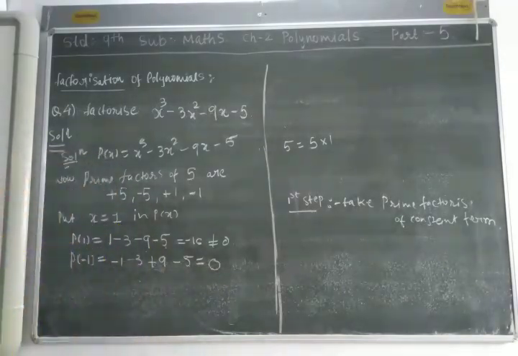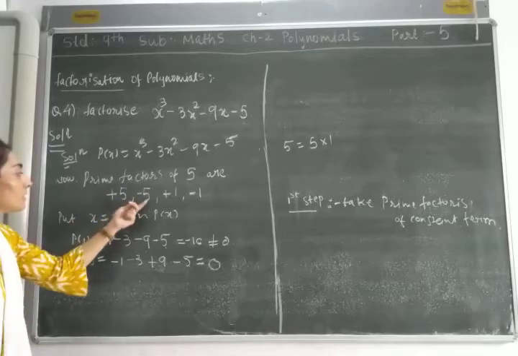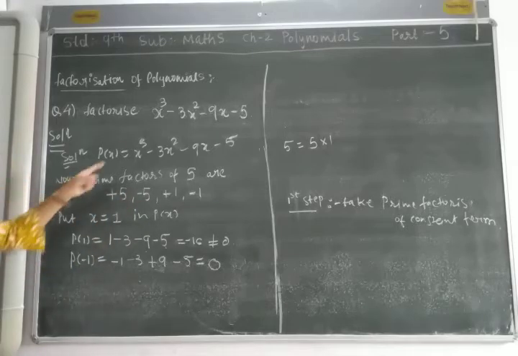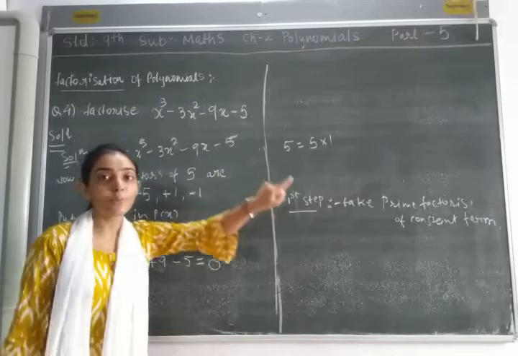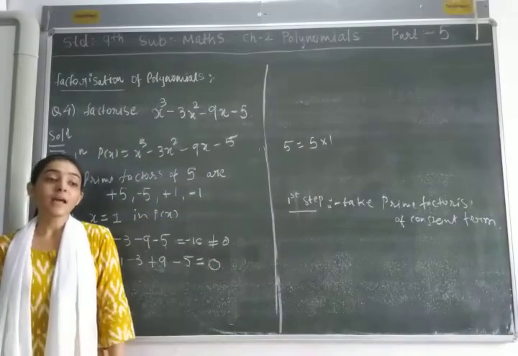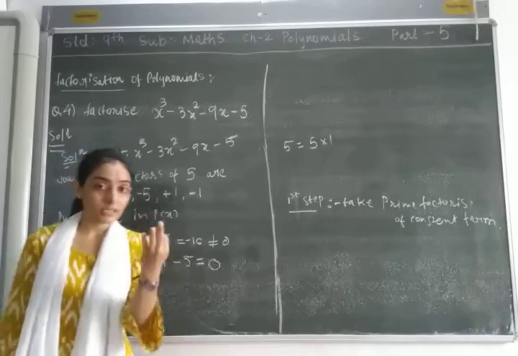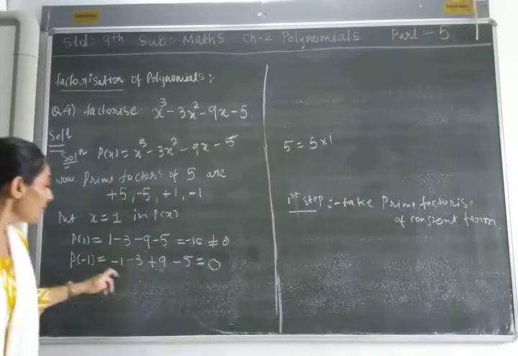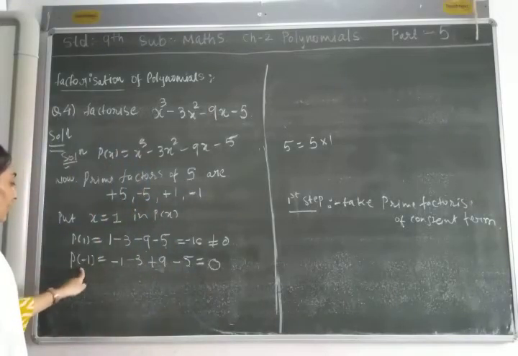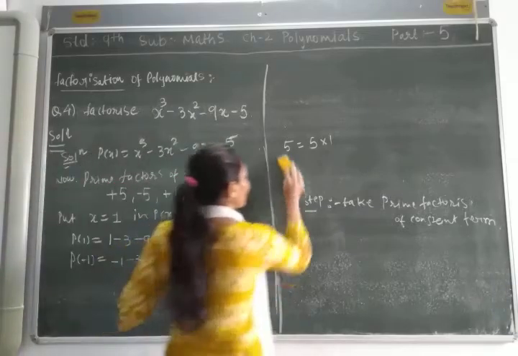Now we are not checking for the other 2. Now this is my cubic polynomial, so we know that there are at most 3 zeros. Now we got my 1 zero: x equals minus 1.